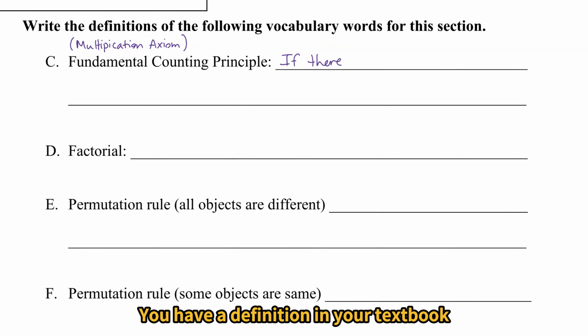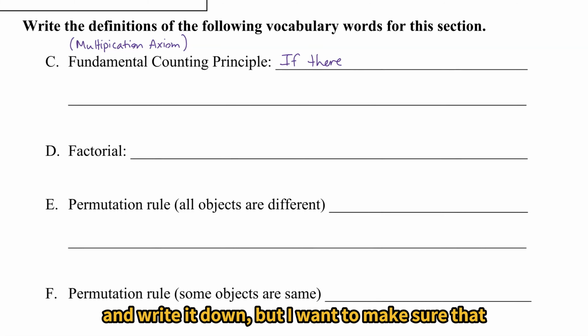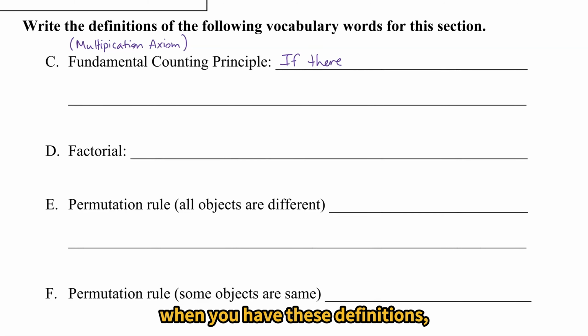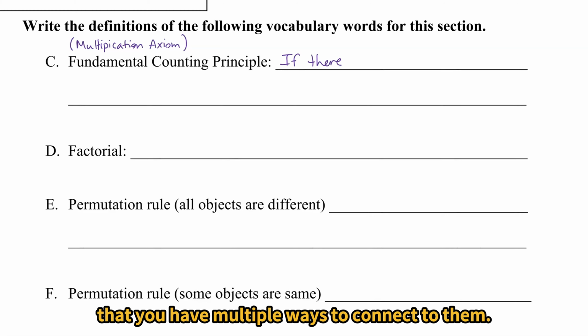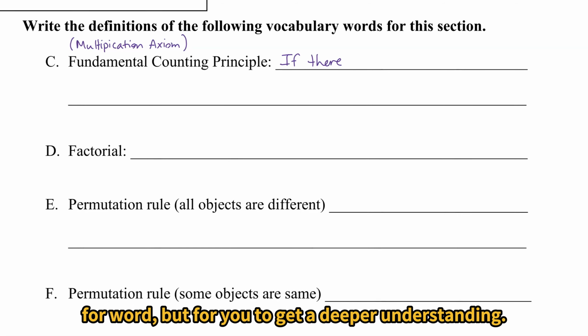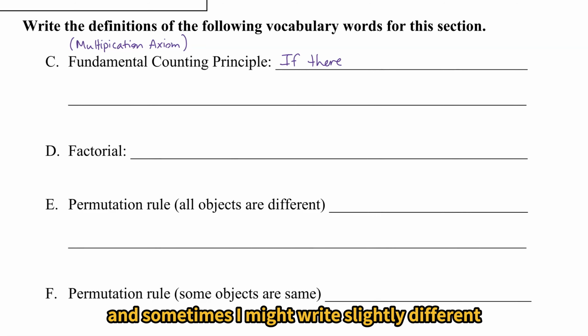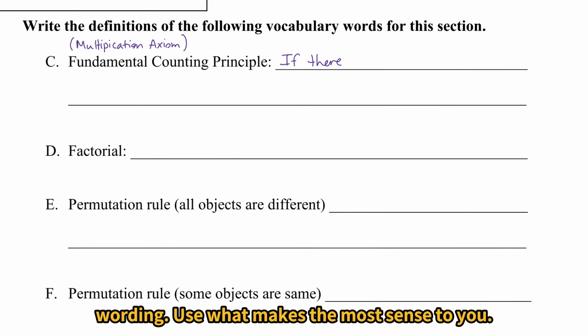So you have a definition in your textbook, and I know I told you to go to your textbook and write it down, but I want to make sure that when you have these definitions, you have multiple ways to connect to them. Definitions aren't intended for you to memorize word for word, but for you to get a deeper understanding. So sometimes I might write the same definition that's in the book, and sometimes I might write slightly different wording.